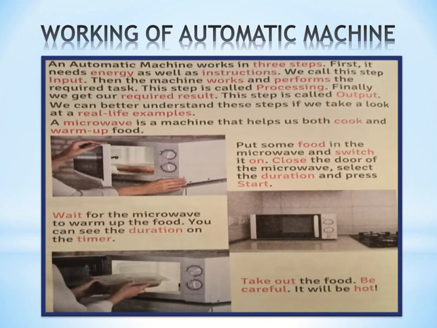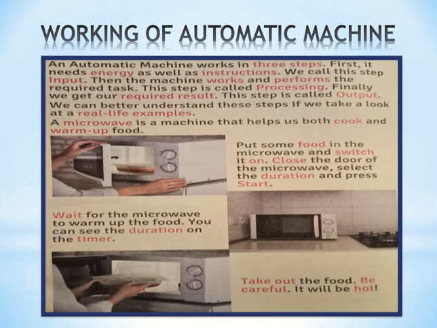We can better understand these steps if we take a look at a real life example. For example, a microwave is a machine that helps us both cook and warm up food. You all have microwaves in your house, you can check it. Put some food in the microwave and switch it on. Close the door of the microwave, select the duration and press start.